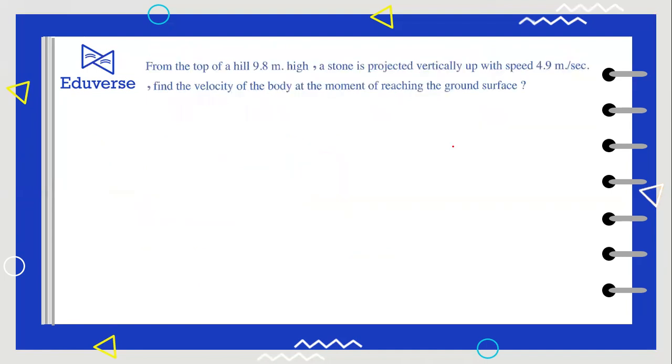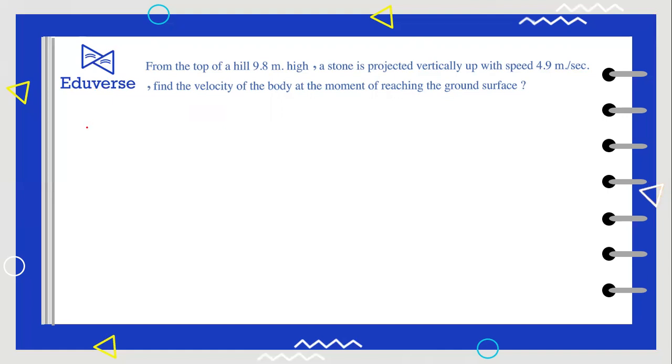Next one. From the top of a hill, 9.8 meters high, a stone is projected vertically up with a speed of 4.9 meters per second. Find the velocity of the body at the moment of reaching the ground surface. Okay.